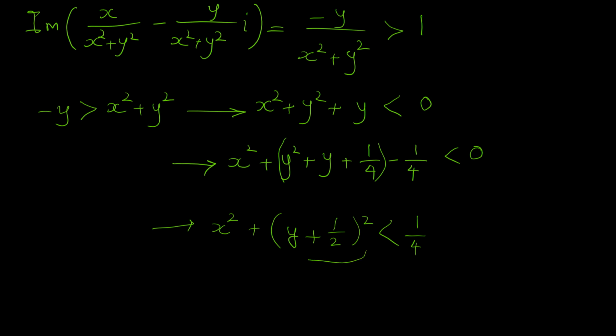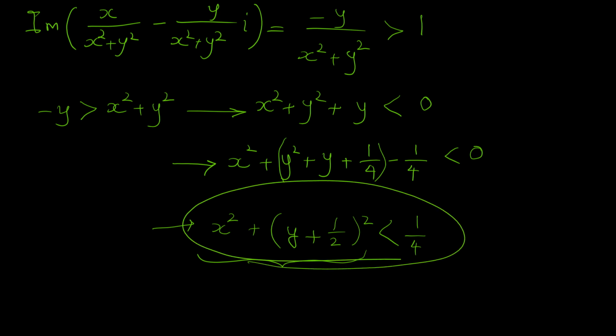Now, by looking at this, we can say that this equation shows a circle. But what is the center of the circle? For x we have nothing subtracted from x, so basically it is like x minus 0. So the x coordinate of the center is 0. What is the y coordinate of the center?